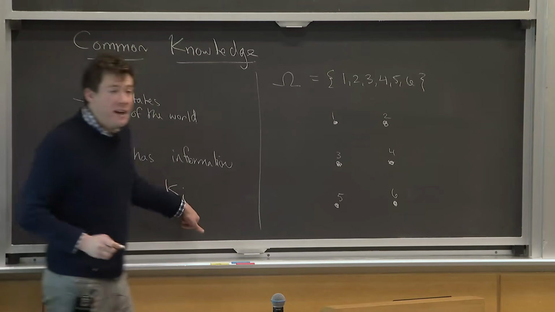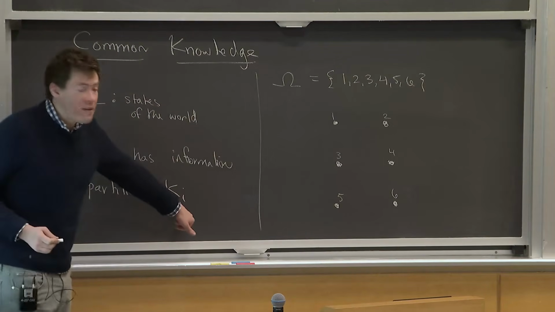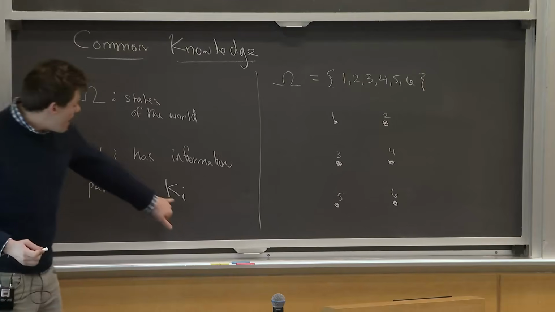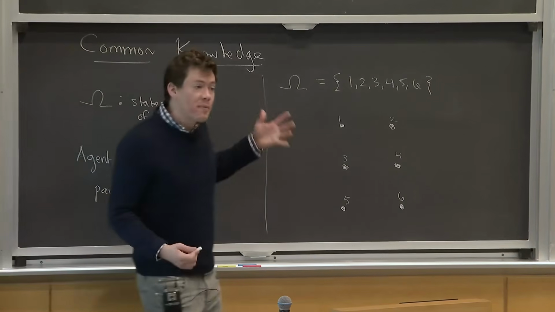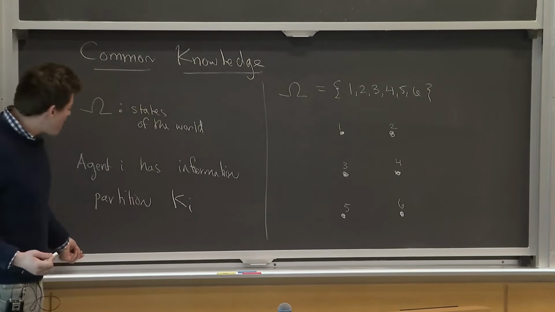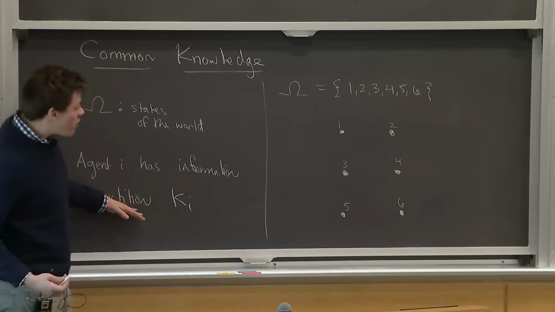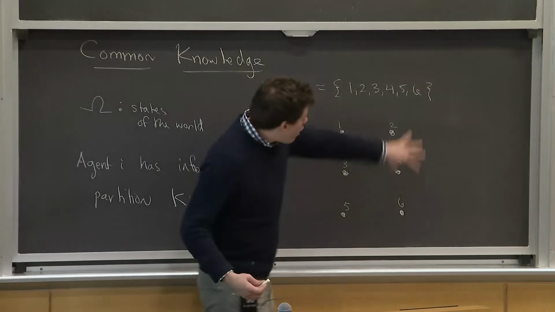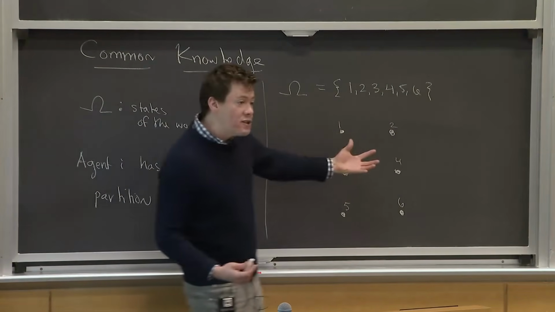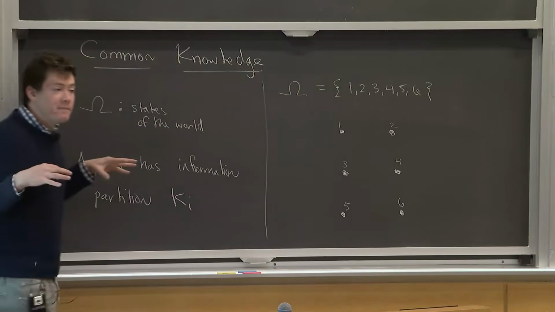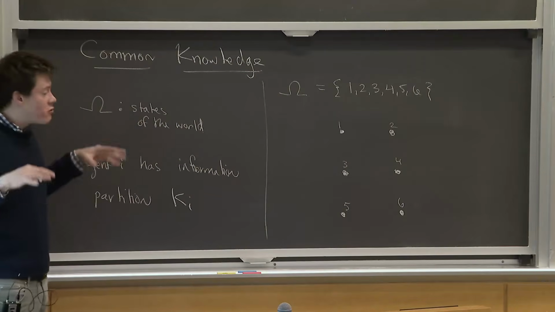So the subscript i indicates this represents the information for player i, and the K comes from the word knowledge, which we'll talk about later on. We'll talk about what knowledge is. Now, partition is just a mathy word that says we're arranging these different states, these different dots, and we're splitting them up into groups. That's what a partition is. It just puts things into groups.